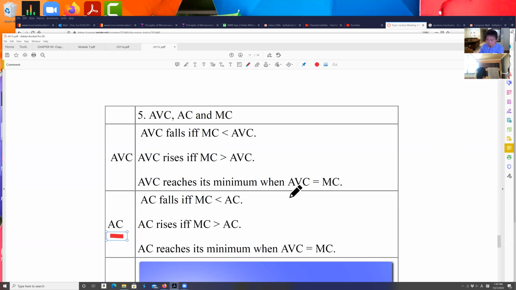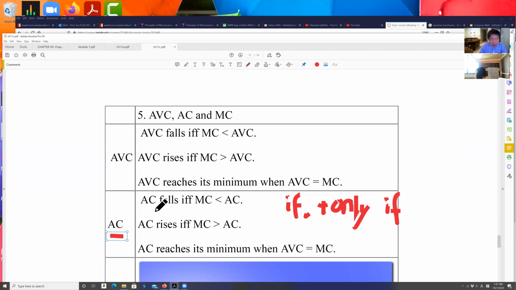It means if and only if. That means it is a necessary and sufficient condition for the other. If one holds, then the other holds also. If one does not hold, the other one does not hold either. Okay?